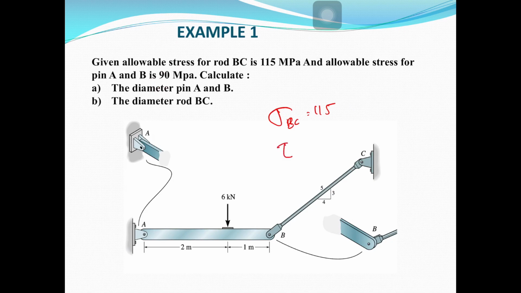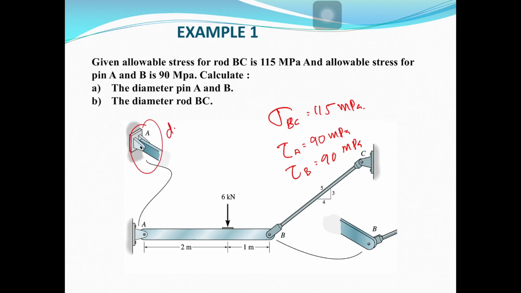Why do I use tau? Because pin is shear. Tau B is 90 megapascal. Find the diameter of pin A and pin B and the diameter of rod BC. So let's find out.